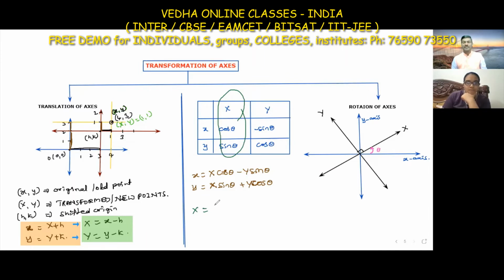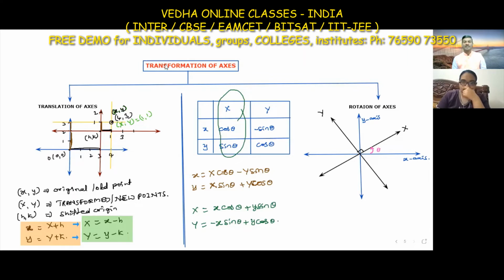So capital X is equal to small x into cos theta plus small y into sin theta. And capital Y is minus small x into sin theta plus small y into cos theta.